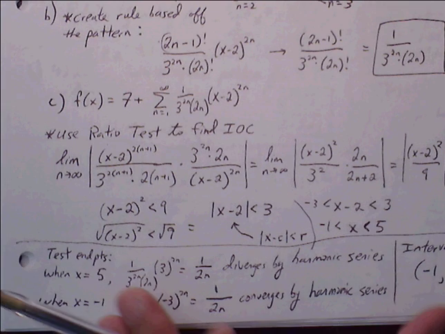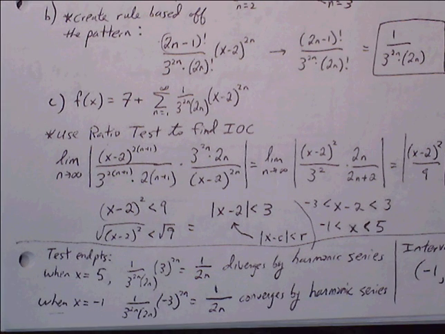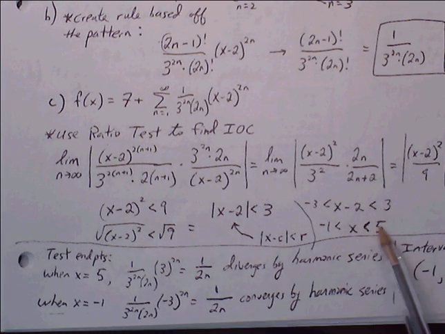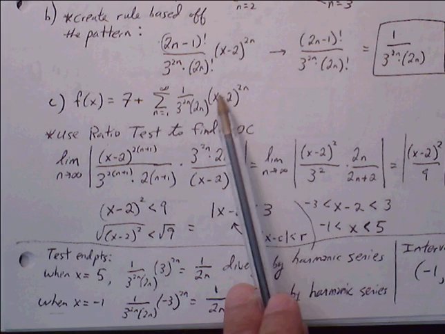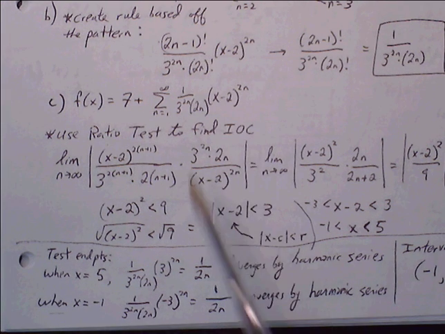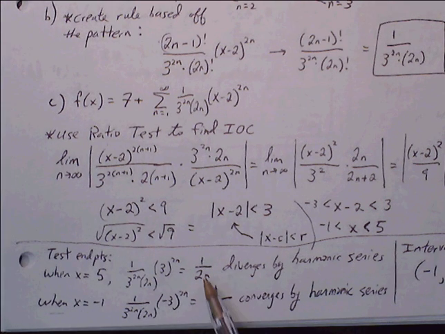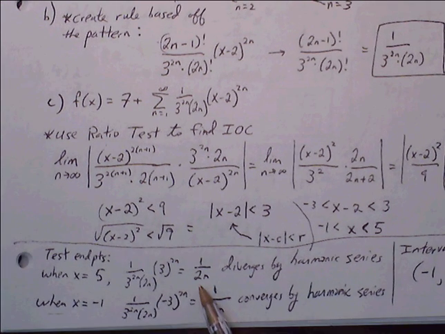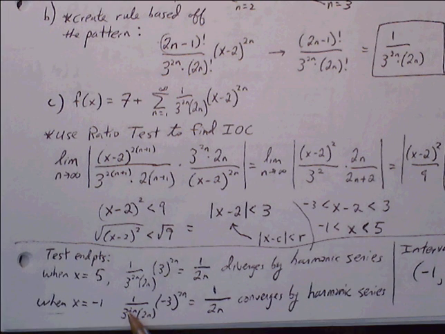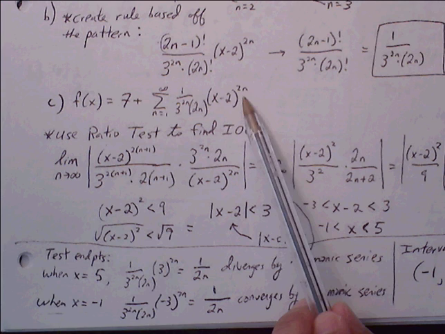But we also have to remember to test our endpoints. If we plug 5 into our rule of sequence, 5 minus 2 is 3. 3 to the 2n will cancel out with this 3 to the 2n. We're left with 1 half times 1 over n, which is a harmonic series, which we know will diverge. When x is negative 1, negative 1 minus 2 is negative 3 to the 2n.